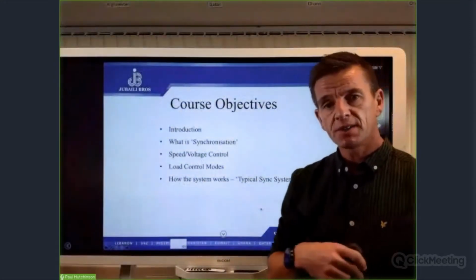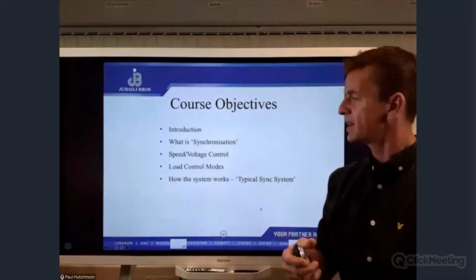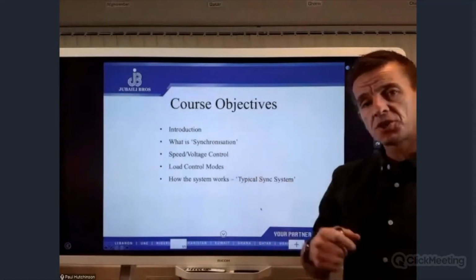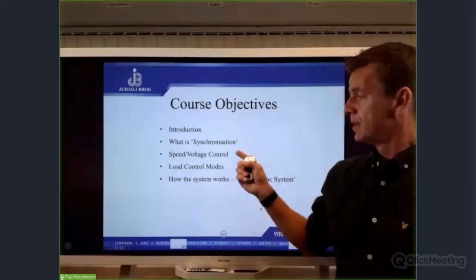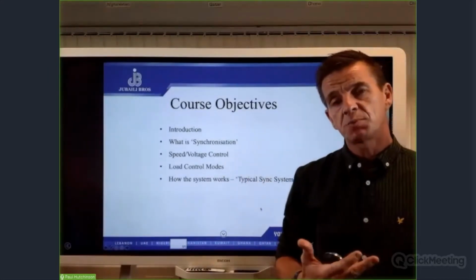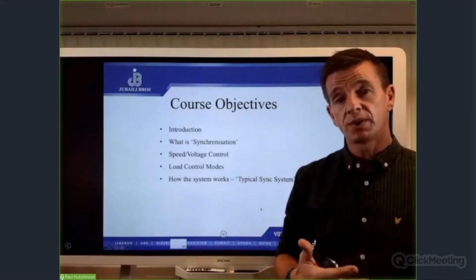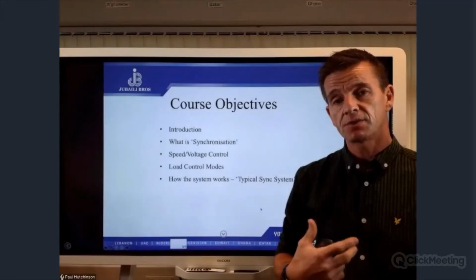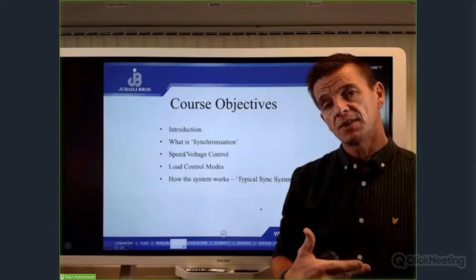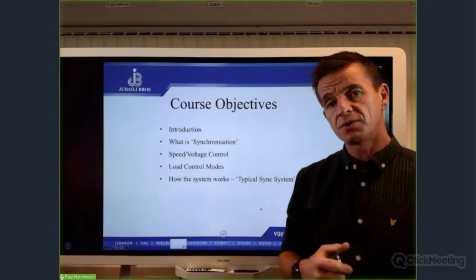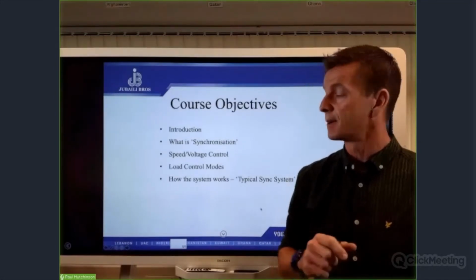So today's objectives, what we're going to talk about today: the introduction about what is synchronization. We have our speed and voltage control. Because remember, we need speed of the engine and the alternator, and of course the voltage control on the AVR.